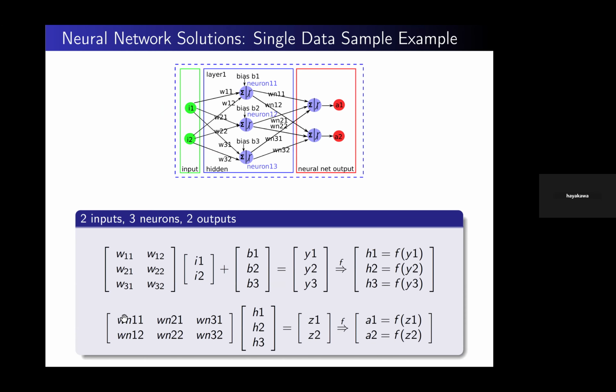So just to make it simple, let's say we have 2 inputs, 2 outputs, and 3 neurons. I just wanted to lay out the equations because for me, it helps me to distill down to something reasonable so I can get my arms around it and contemplate it in an easier way.